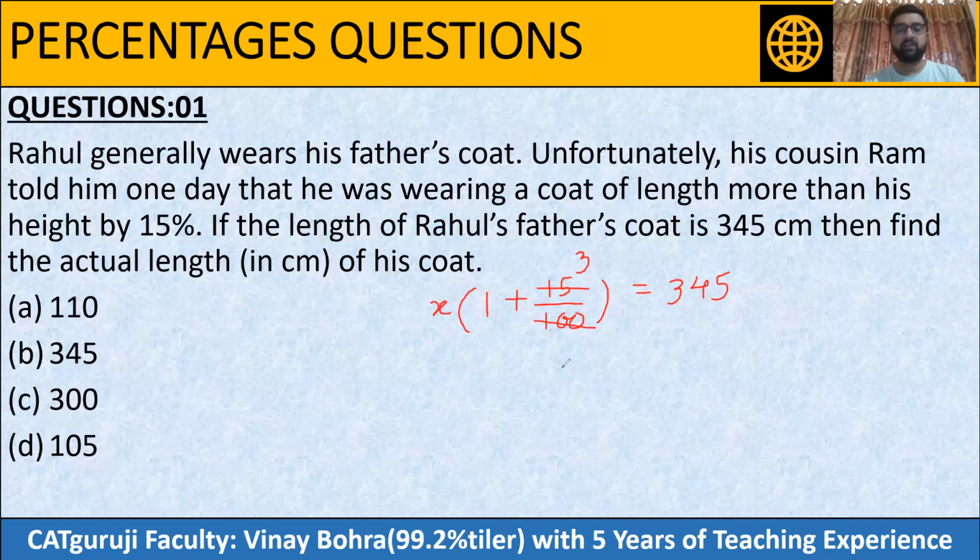So this is 3/20, so 23/20 times X is equal to 345. On simplifying, I'll get X equal to 300. So this is how you can apply the first formula here. I hope you are getting this.